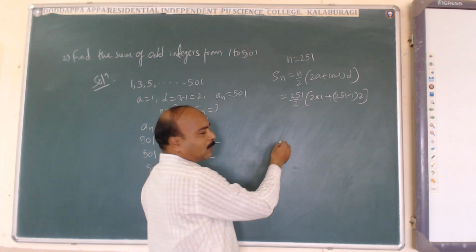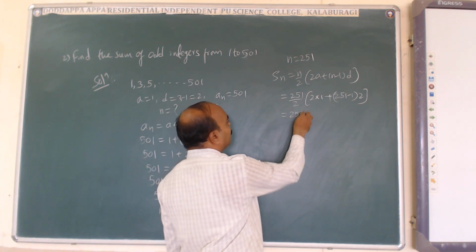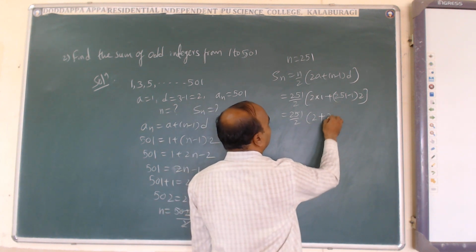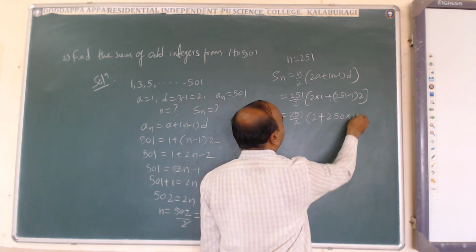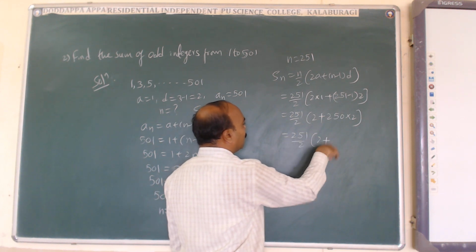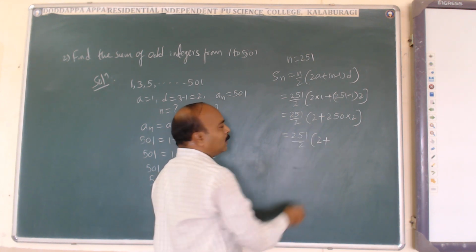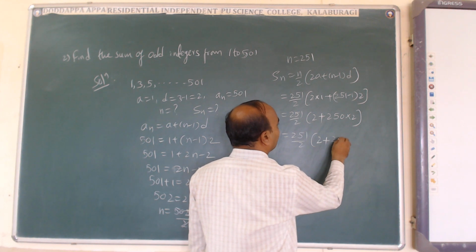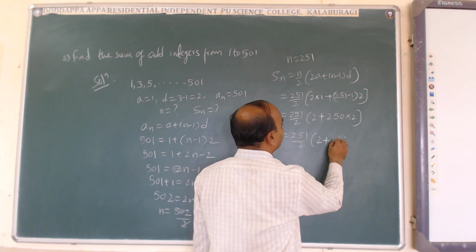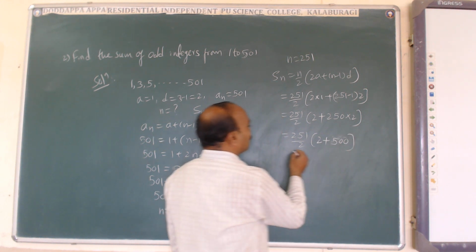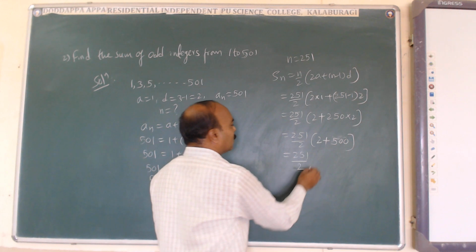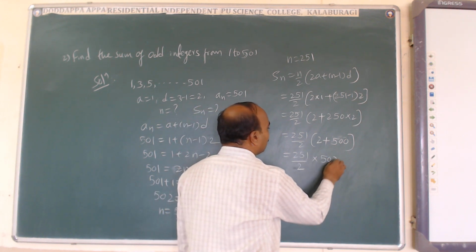Now simplifying this, it is 251 by 2, 2 plus 250 into 2. Now it is 251 by 2, 2 plus 250 into 2 is 500. Now it is 251 by 2 into 502.